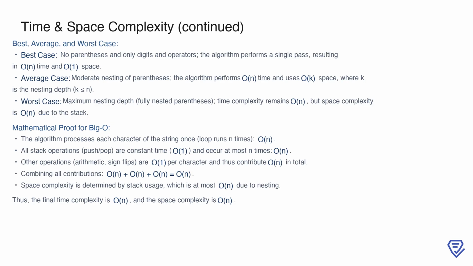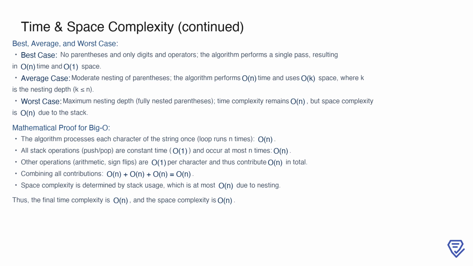Now let's break down the best, average, and worst-case scenarios. In the best case, the input contains no parentheses, just digits and operators. Here, the algorithm processes the string in a single pass, resulting in O(n) time and O(1) space since no stack operations are needed. In the average case, where there are moderately nested parentheses, the algorithm still maintains O(n) time complexity.